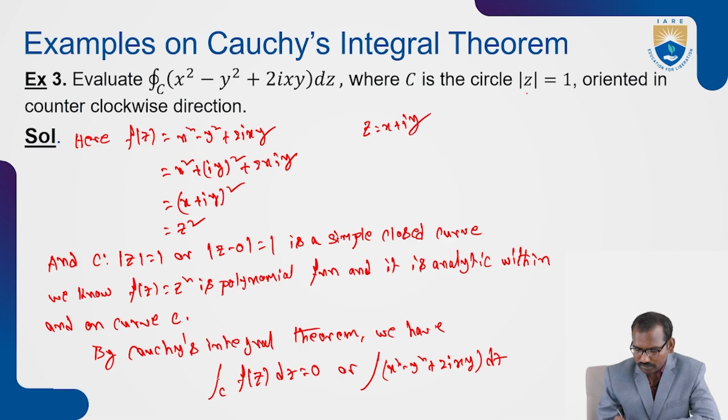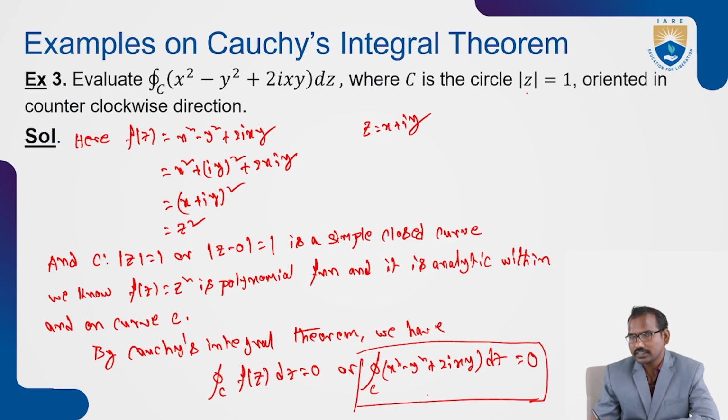Here the integration is along a closed curve, so we take a circle on the integral symbol over C. This value is 0, because the integrand is analytic within and on the closed curve C.